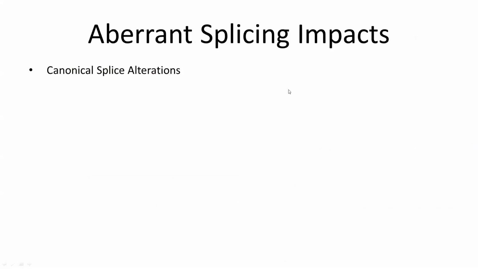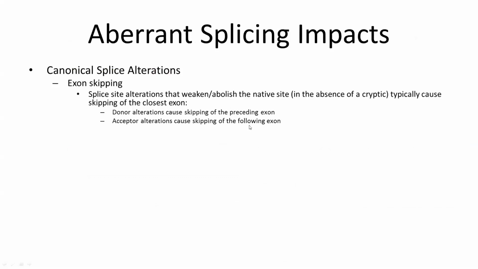And so what are the aberrant splicing impacts that you might encounter? For canonical splice alterations, I think the majority, at least in our experience, and I think in the literature, is exon skipping events. These might be single exons, or they can be multi-cassette, meaning more than one exon involved at the same time. Typically, if the exons are quite small, I don't think anybody really knows why some create single exon versus multi-cassette events.